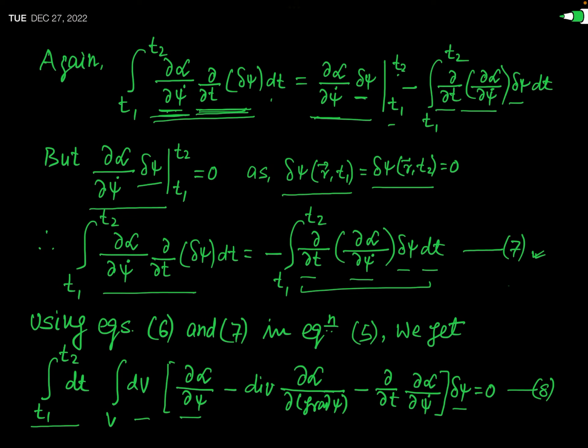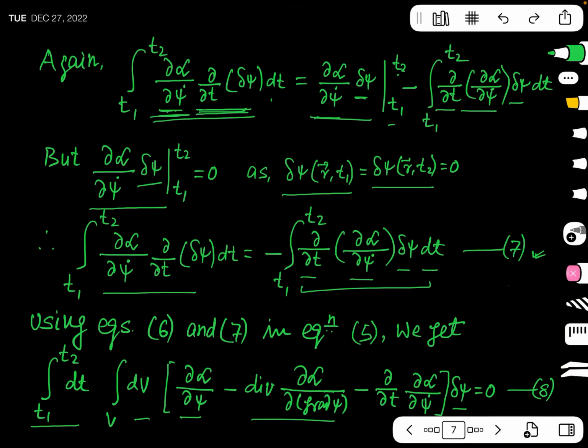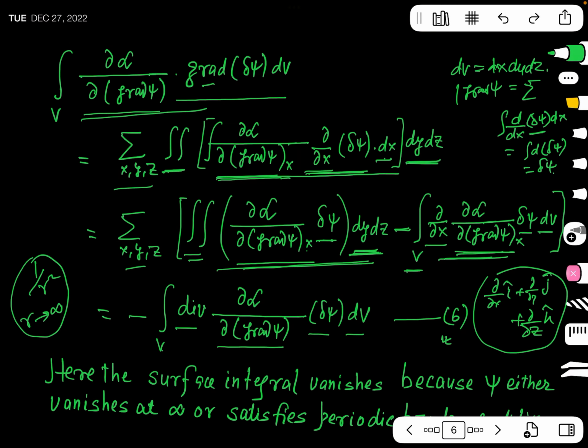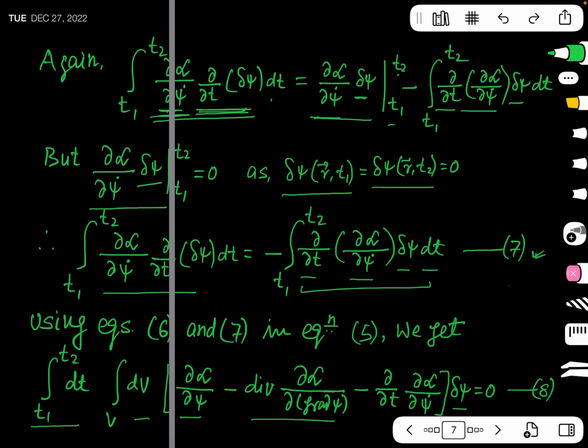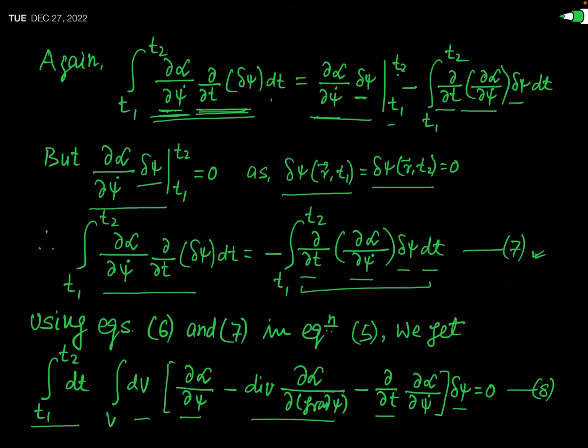Actually delta psi has been taken as a common factor, and minus the second term will be the divergence of del L by del grad psi. And in place of the third term, we will write minus del del t del L by del psi dot, and this is equal to 0.